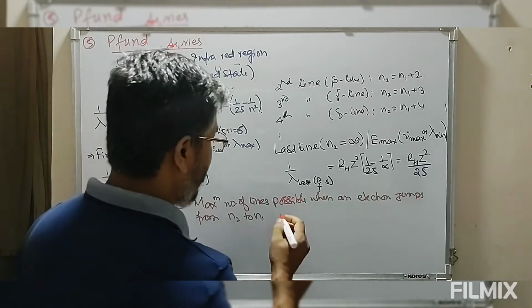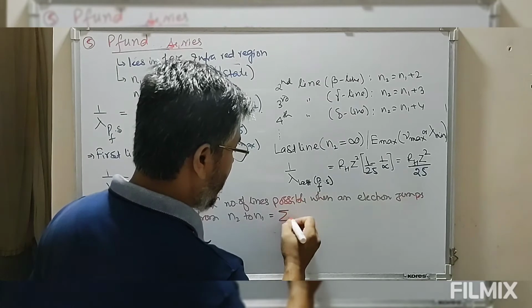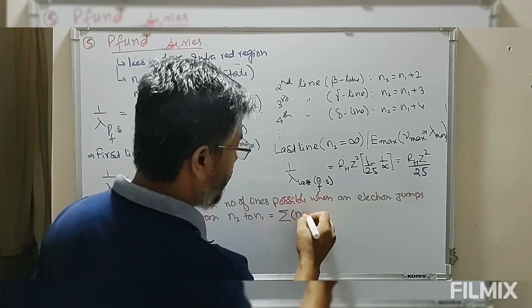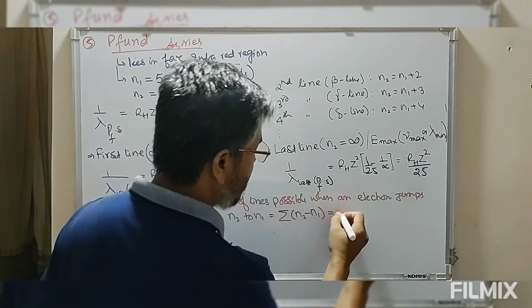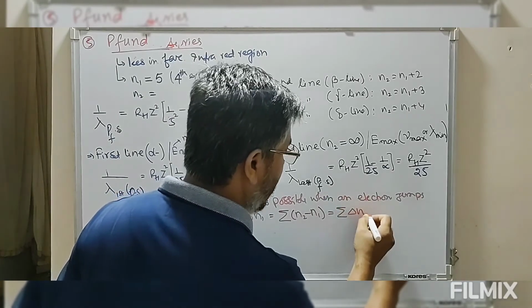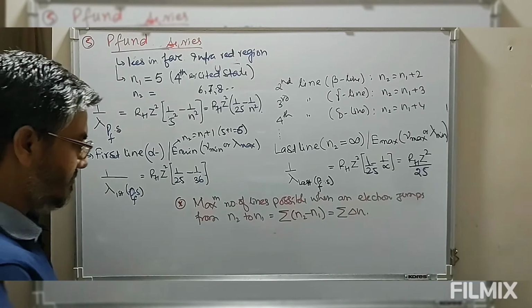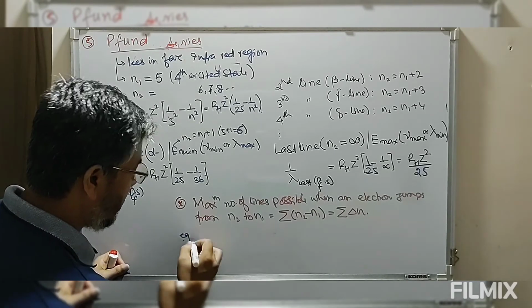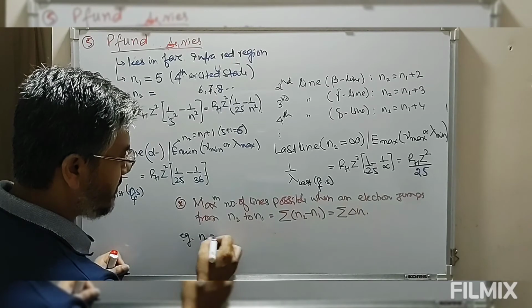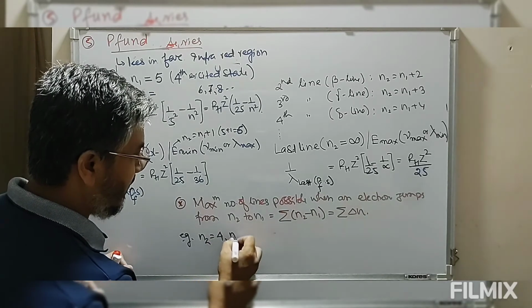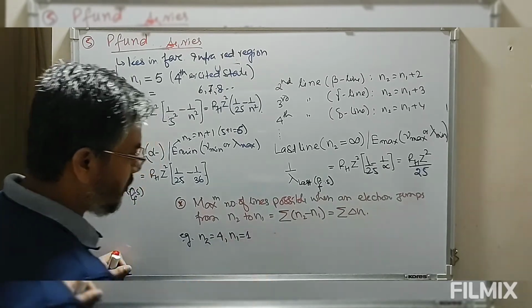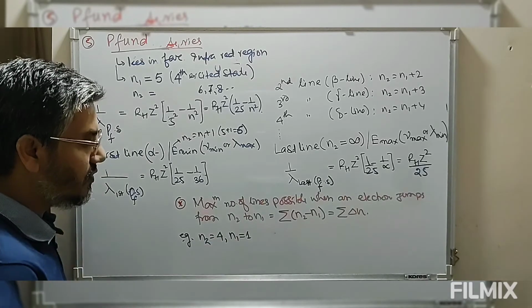So this is given by a formula which is known as summation of N2 minus N1, which is known as summation of delta N. So let me give you an example. Suppose electron N2 is 4 and N1 is 1. So electron is coming from 4th level to the ground level.